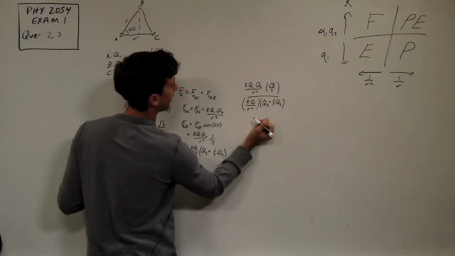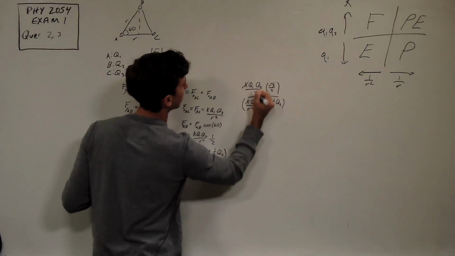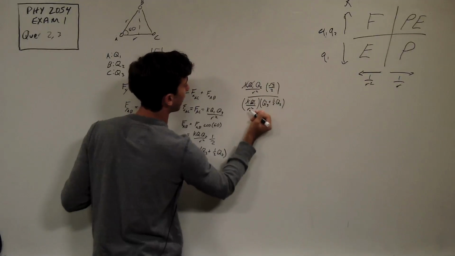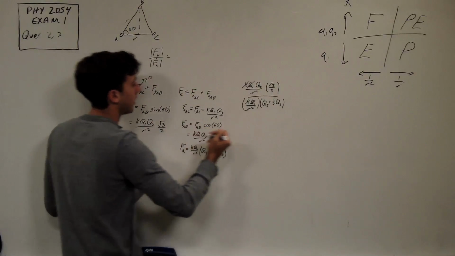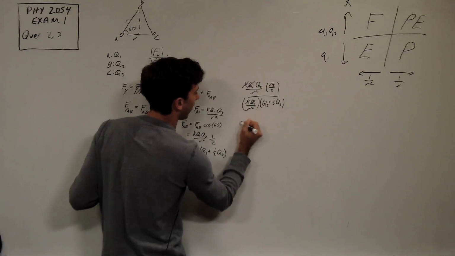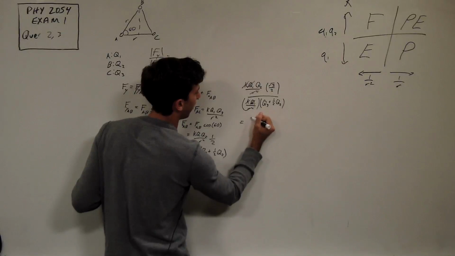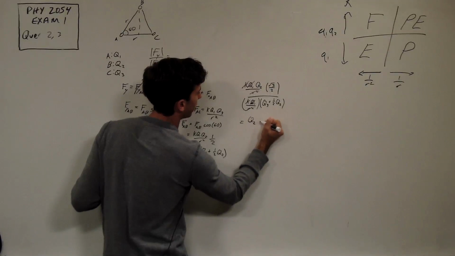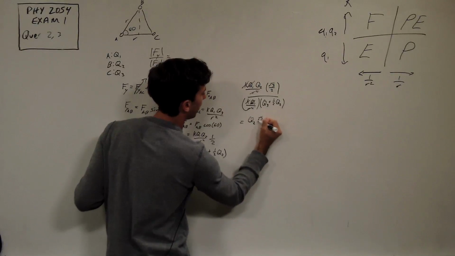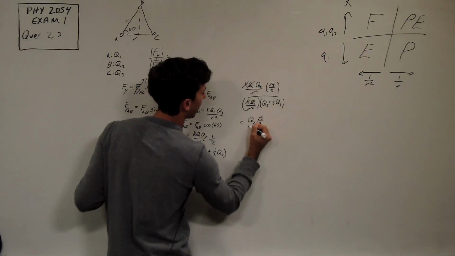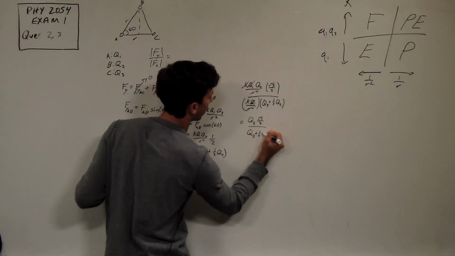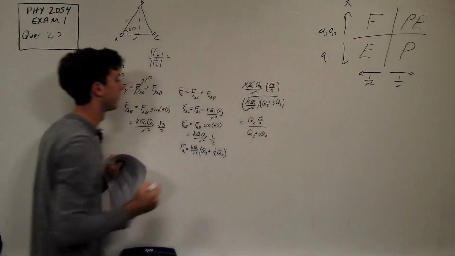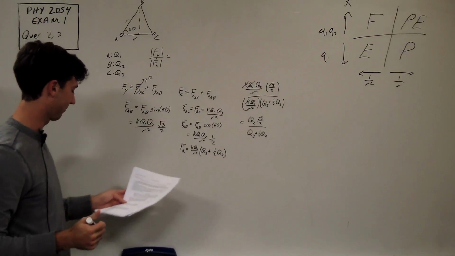And we can cancel out like terms. The k's go, the q's go, or q1 at least, and the over r squared. So that is equal to Q2 root 3 over 2 over Q3 plus 1/2 Q2. Great, now let's plug this in.